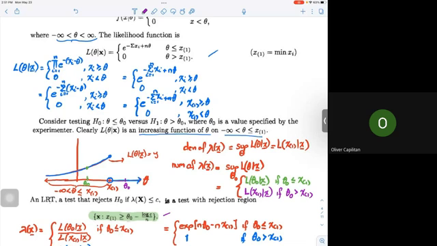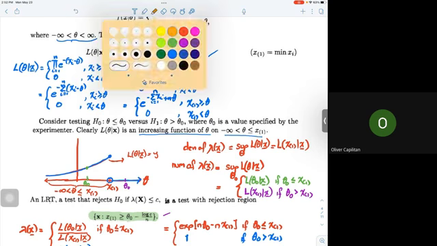Gi-check nato ang graph sa atong likelihood function, and then we have seen indeed that the likelihood function is increasing on this particular interval of our theta. Itong part na to.